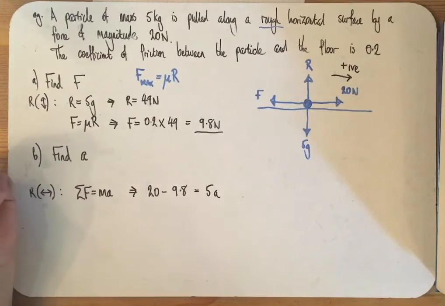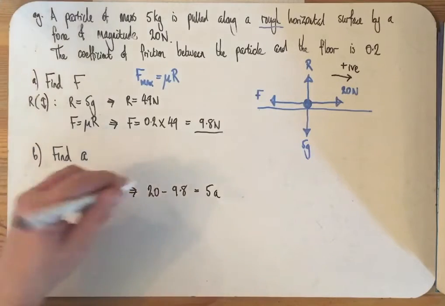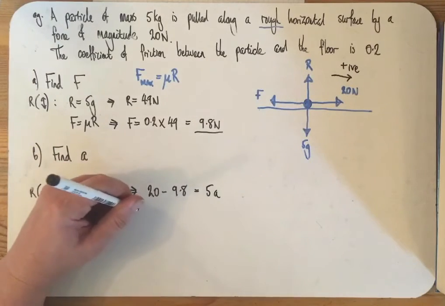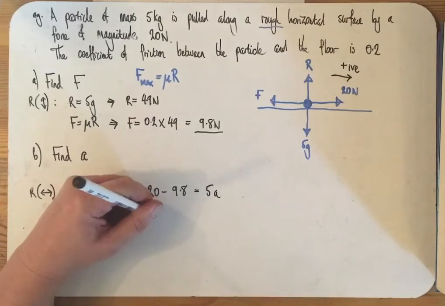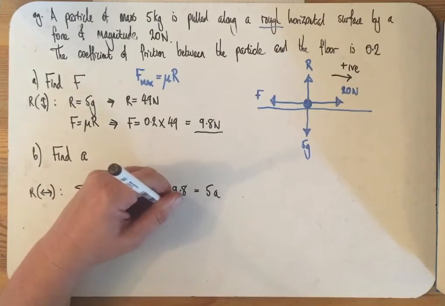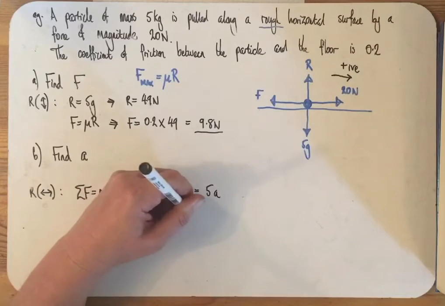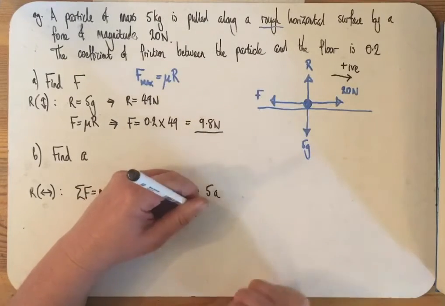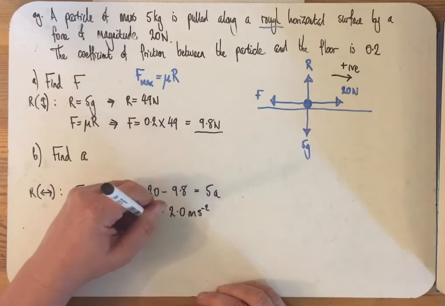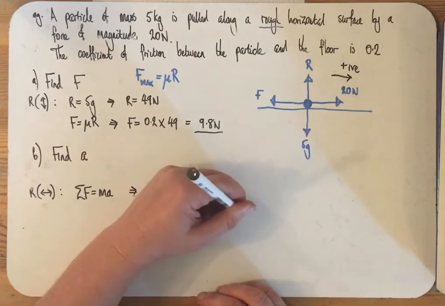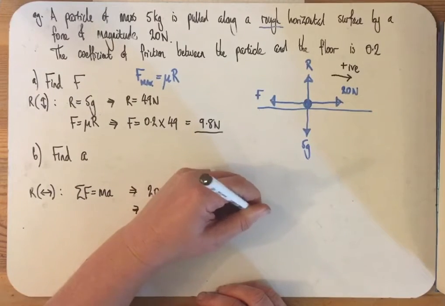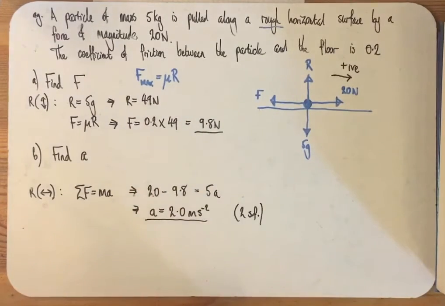And then from there, you can just subtract, divide, and A comes out as being 2.0 meters per second squared to 2 sig fig, because we've used G to 2 sig fig. So that's sort of as easy as a friction question will get.